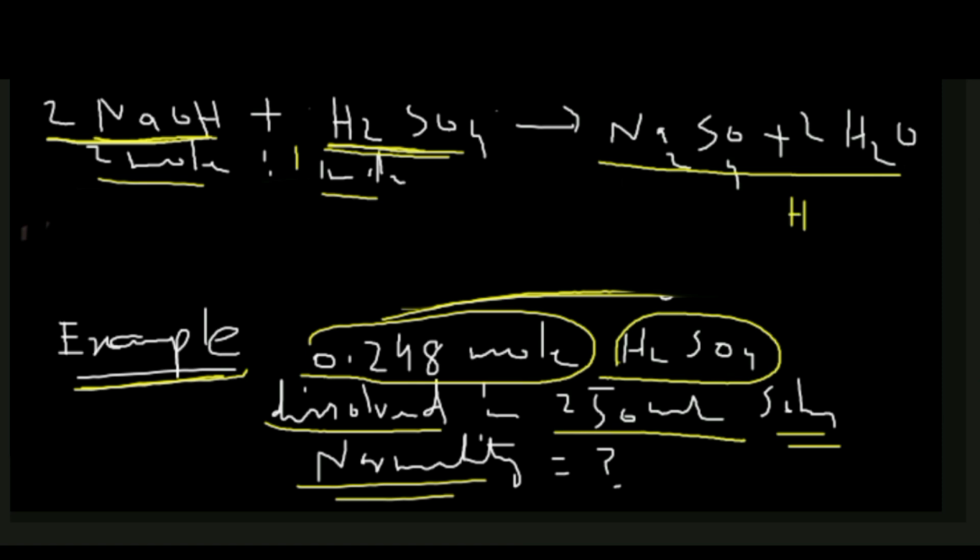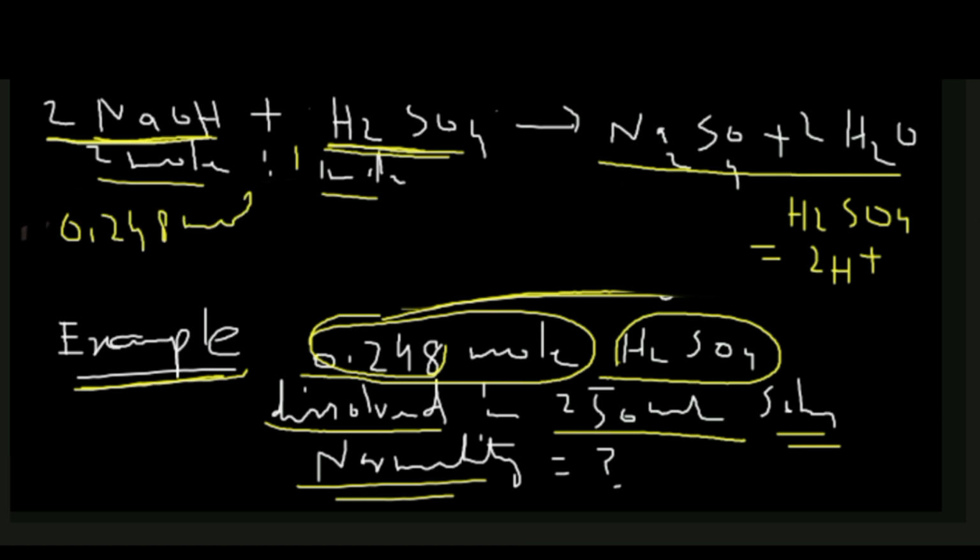In an acid base reaction, sulfuric acid gives 2 H+ ions. In this case we have 0.248 mole of sulfuric acid.